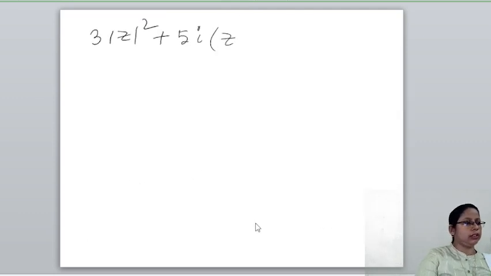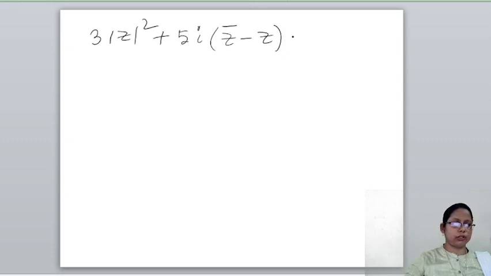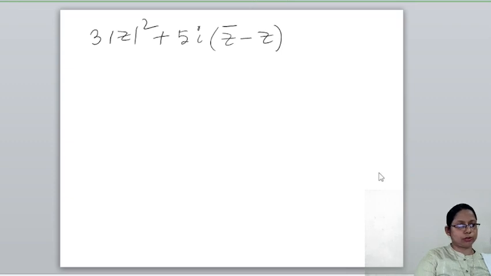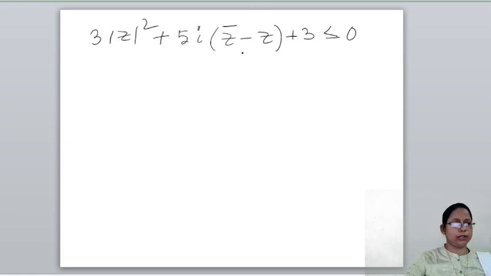Okay, z conjugate minus z, and here it will be plus 4, and when I bring plus 1 to the right hand side, it will be 3. So this is plus 3, which is less than or equal to 0.